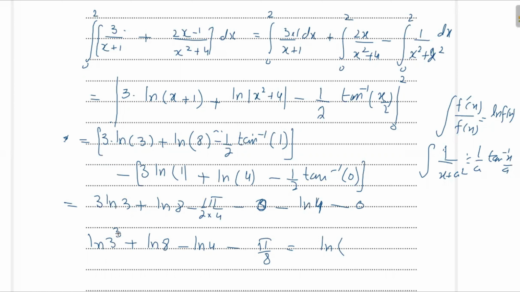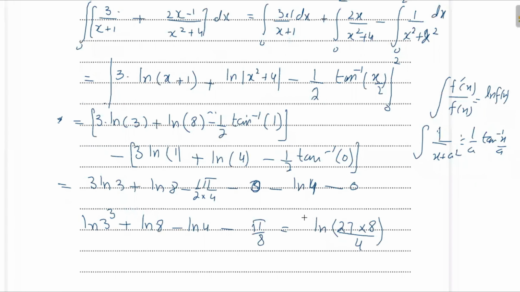Now 3 ln 3 is ln 3 power 3, which is 27, and plus ln 8, these two values will be multiplied, and minus ln 4, that value will be divided, this value will be divided by 4.